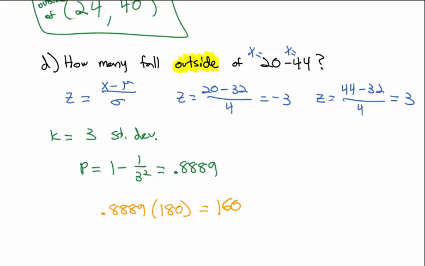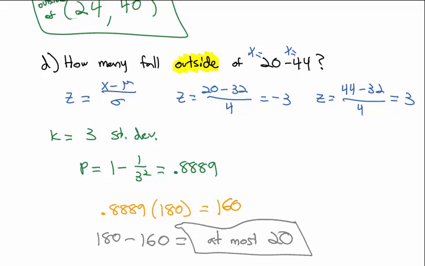But be careful, Chebyshev tells us how many fall within that range of 20 to 44. We want to be outside of that range, and so we have to subtract. There's 180 total minus 160. There are at most 20 values that will fall outside of the 20 to 44 range.